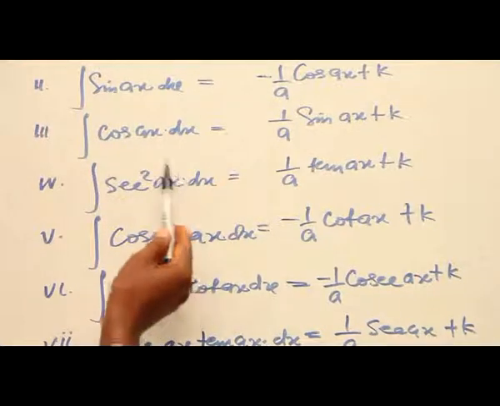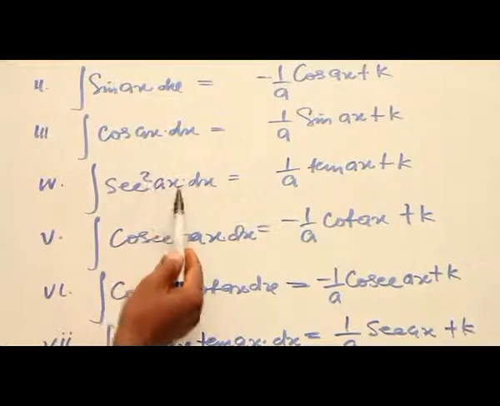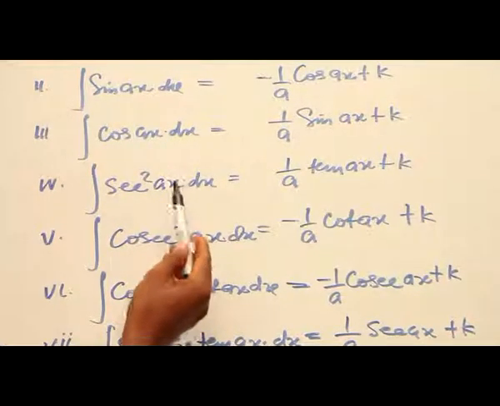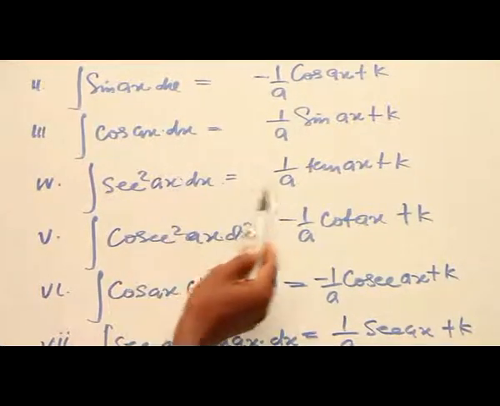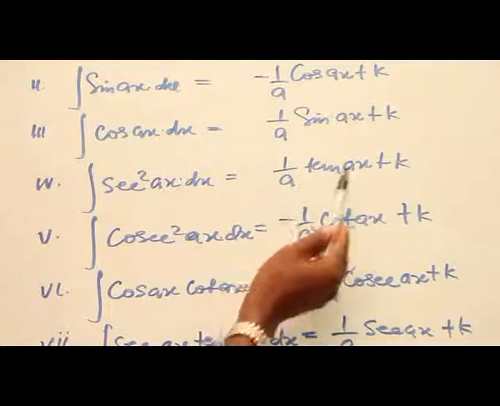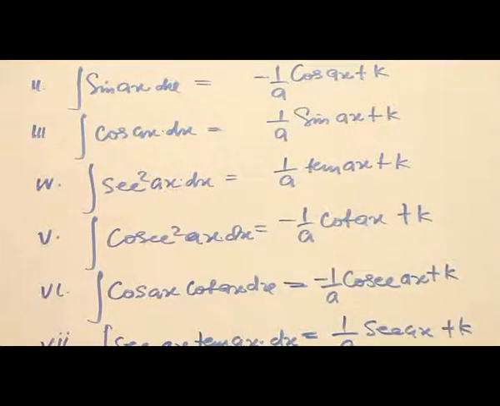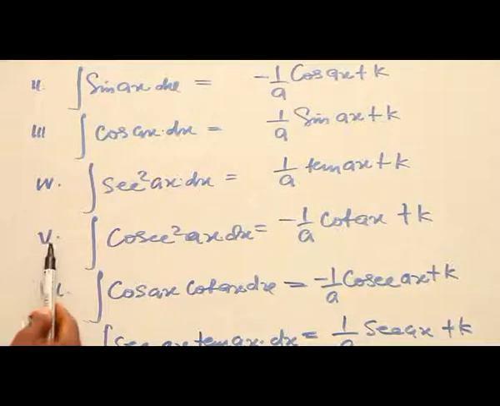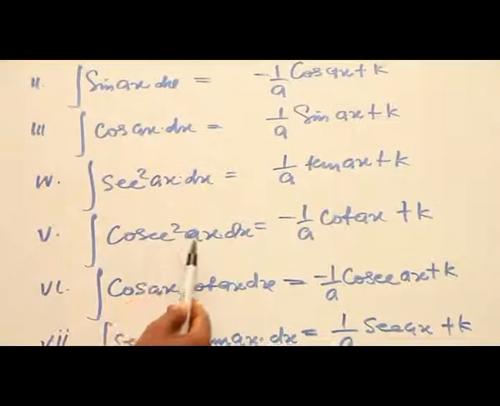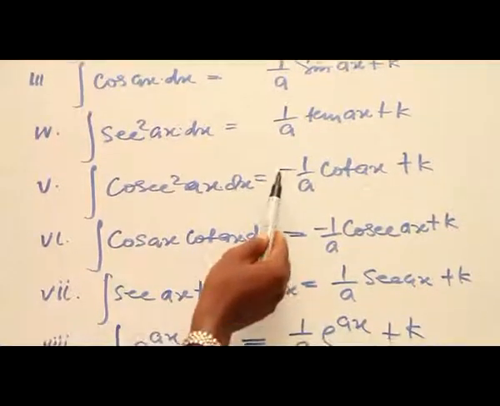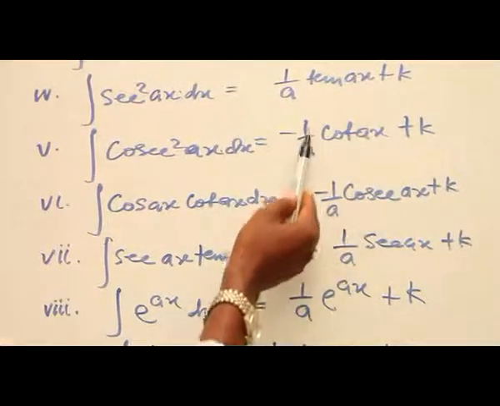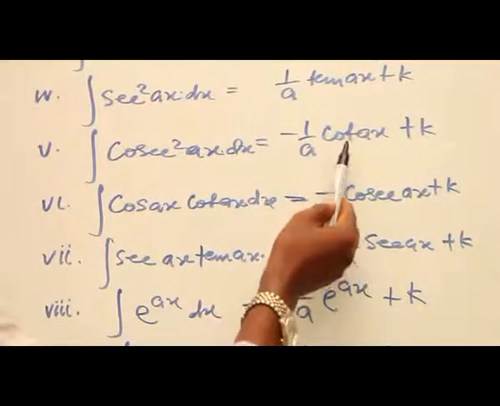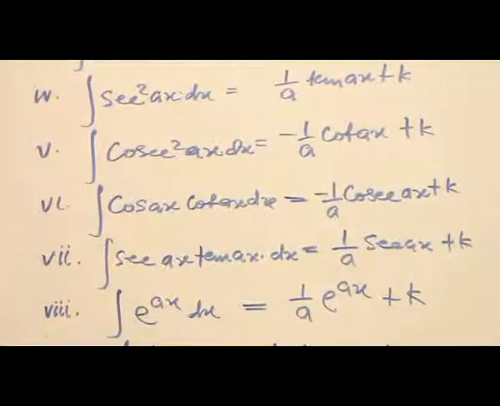So now, if you are integrating sec squared as, it means that you need to differentiate tan as to have sec squared as multiplied by 1 over a plus the constant of integration. Then the next one, cosec squared as dx will be equal to minus 1 over a cot as plus k. Because if you differentiate minus cot as, you will get cosec squared as.